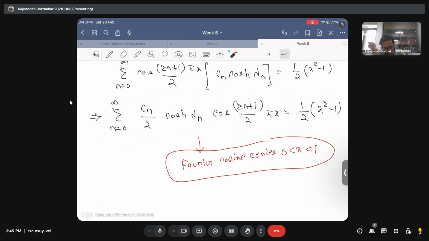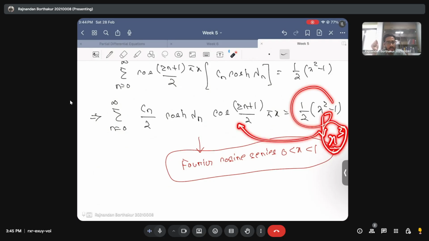For example, this is half of x square minus 1. This is an even function, right? Because if I put x equal to minus 1, I'll just get this function, f of minus x is just equal to f of x. But it can so happen that this function is, let's say, x cubed. Then you will say, okay, how can I write an odd function in a Fourier cosine series?